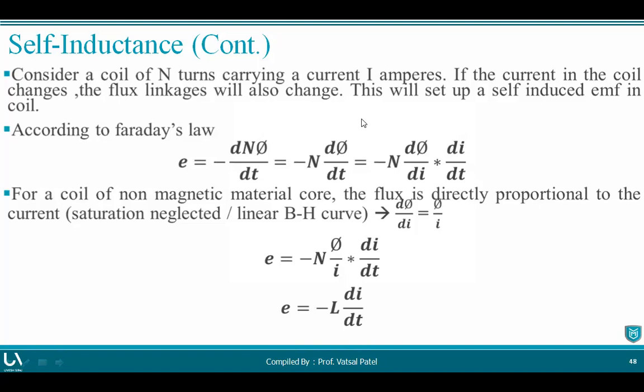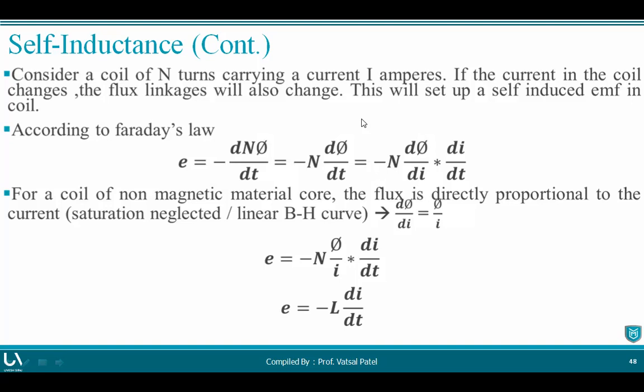So now, as per your previous diagram, we want to consider here a coil of n turns, which is carrying a current of I ampere. If the current in the coil changes, the flux linkage will also change, and a self-induced EMF will be set up in the coil.